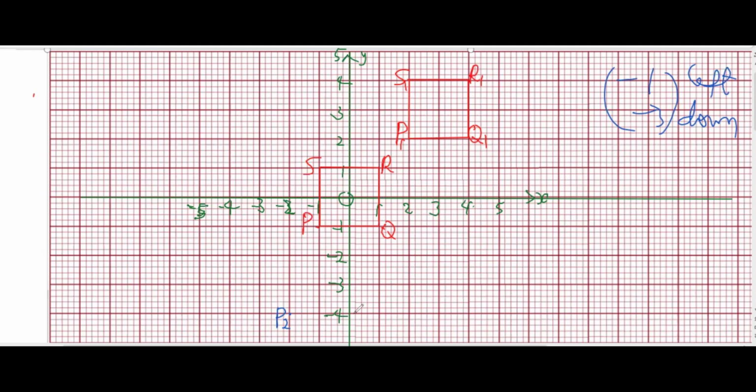So we have Q2 here. And for R as well, 1 to the left, then 1, 2, 3 down. R2 is there. And for S2 here, we have 1, then 1, 2, 3. This is S2.